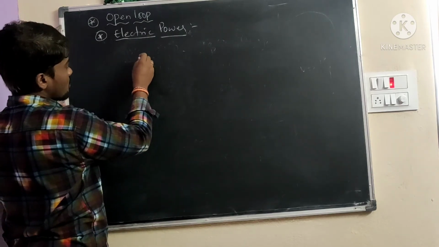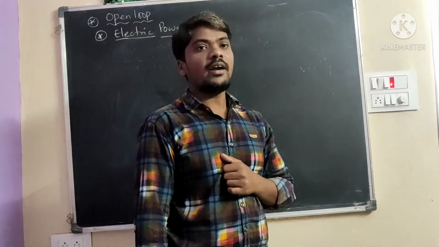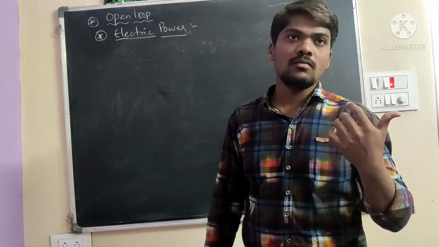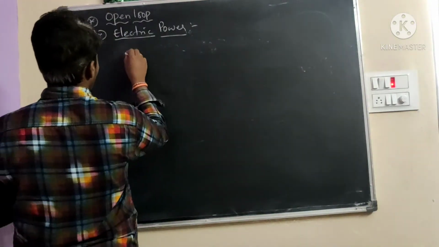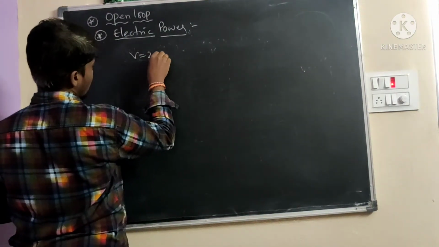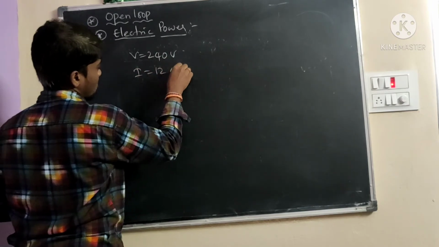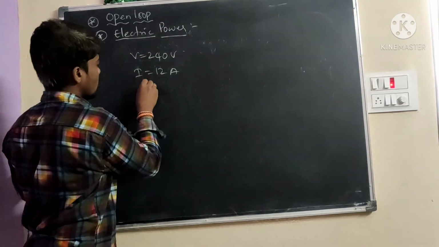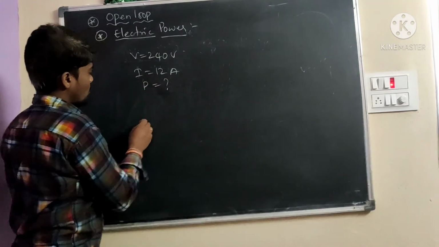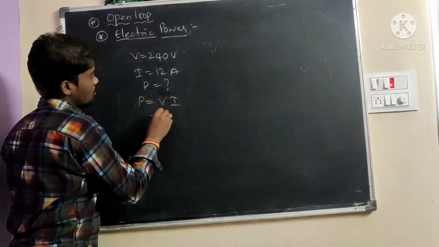For example, the bulb is given the values: voltage is 240 volts and current is 12 amperes. We will find out how much power. Here also it is similar. P is equal to VI.